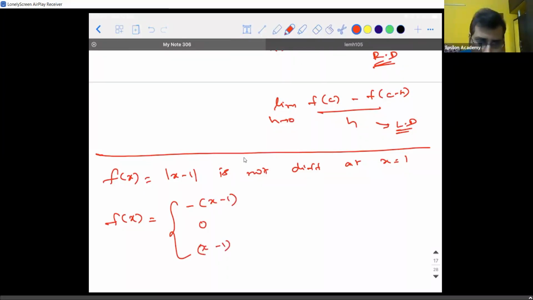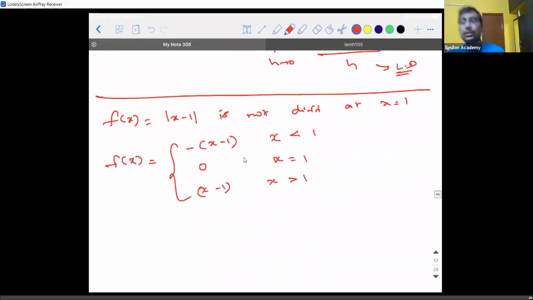This is how you write. This is for x less than 1, this is for x equal to 1, and this is for x greater than 1. You're able to understand this? This is how we are going to define it.